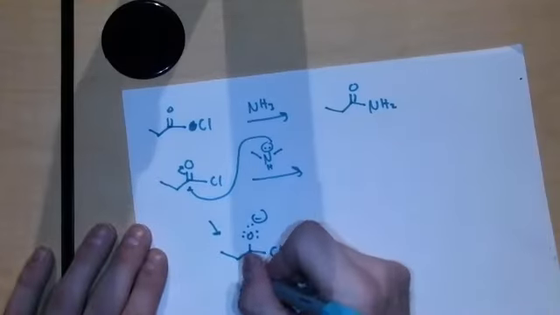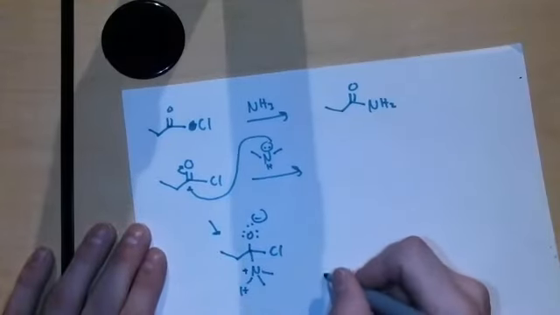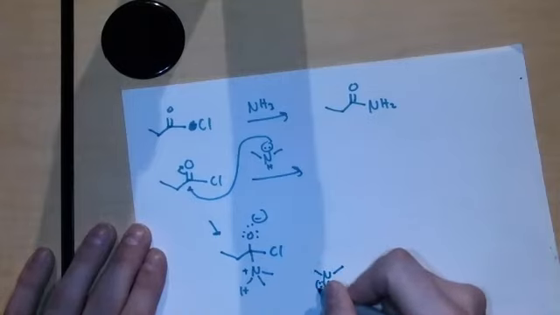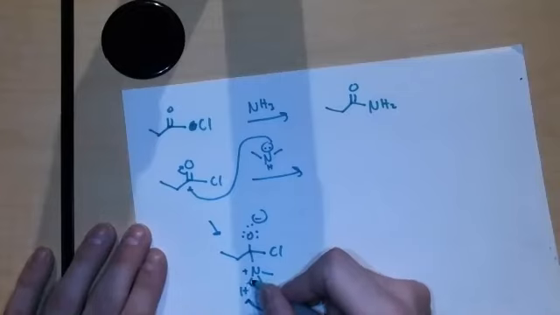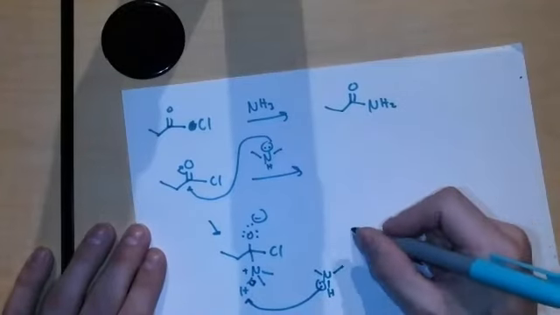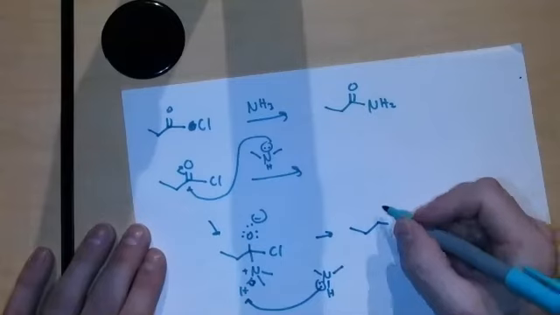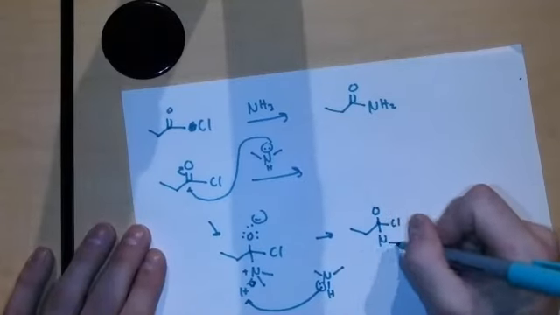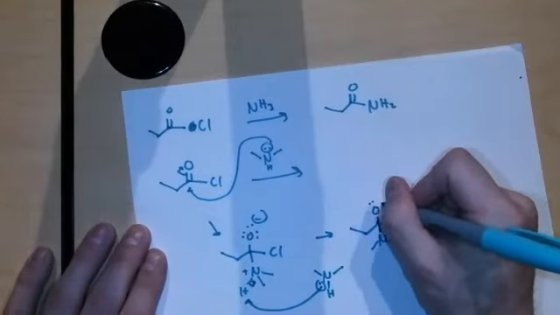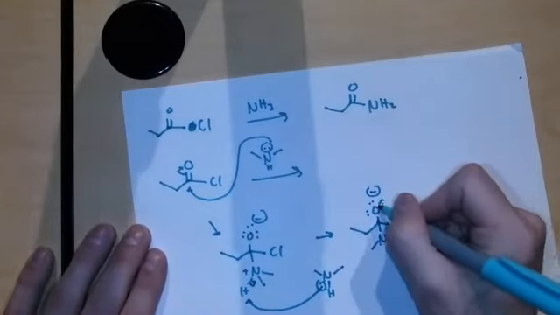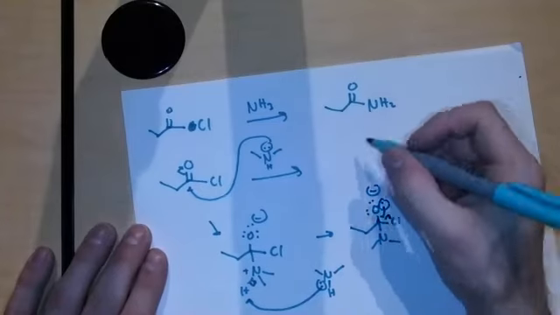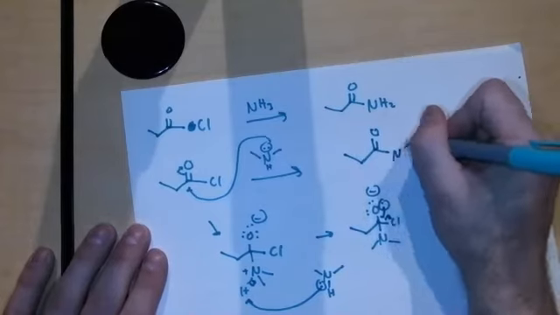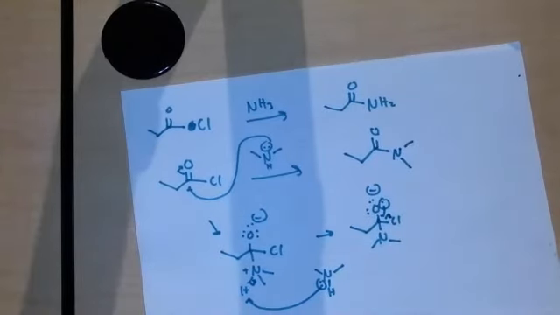We can pull off the proton with another equivalent of our amine. Kick out our chlorine. And we make this substituted amide.